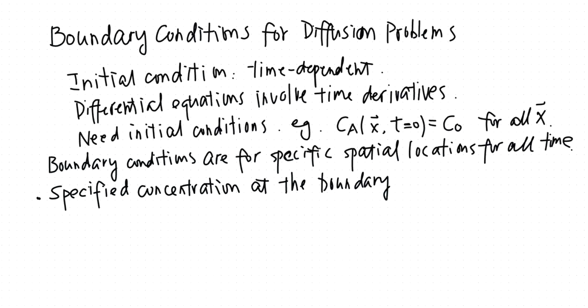For mathematicians, this is the first type of boundary condition. Specifying the concentration means that at one given boundary, the concentration is given.